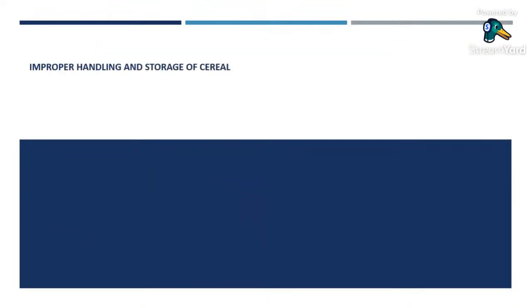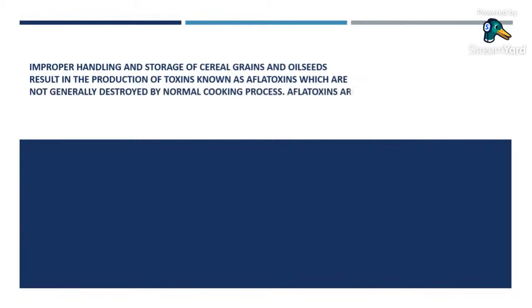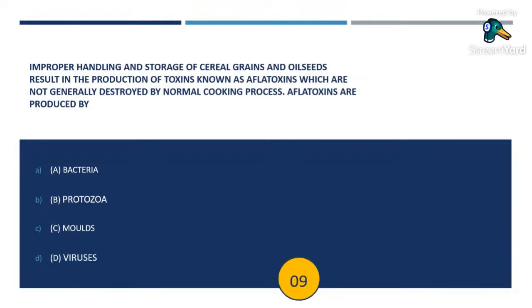Improper handling and storage of cereal grains and oil seeds result in production of a toxin known as aflatoxin, which is not generally destroyed by normal cooking. Aflatoxins are produced by A. Bacteria, B. Protozoa, C. Molds, D. Viruses.